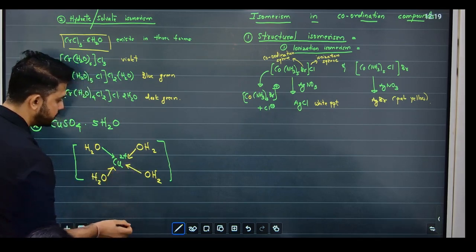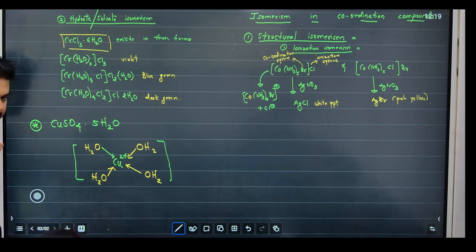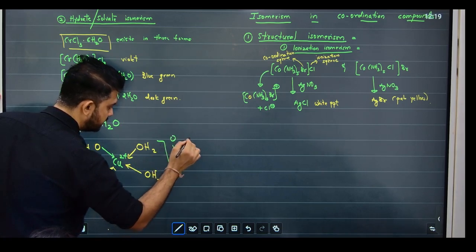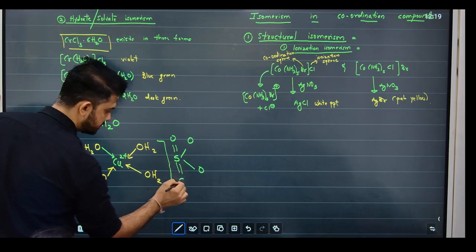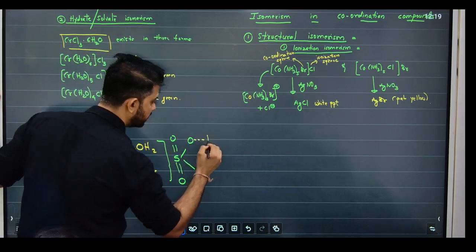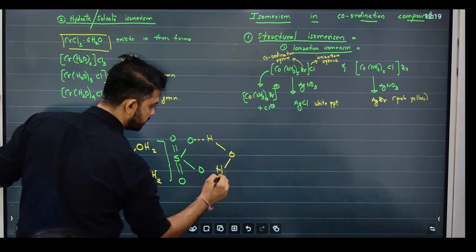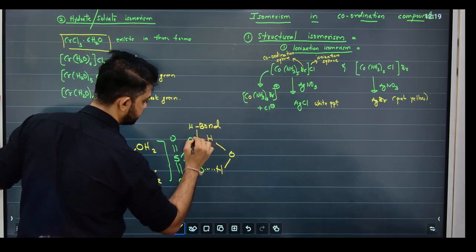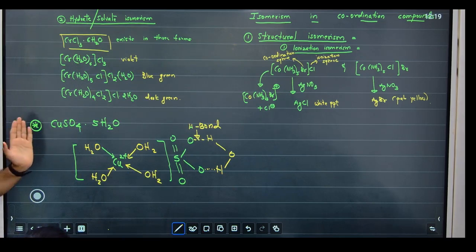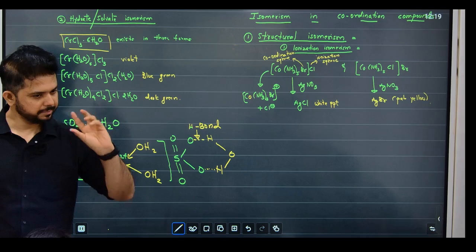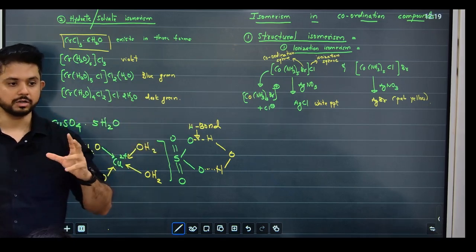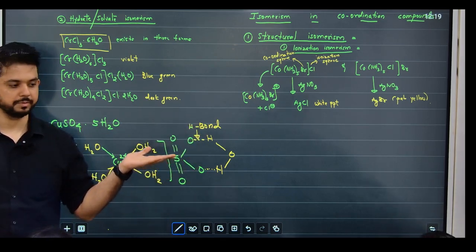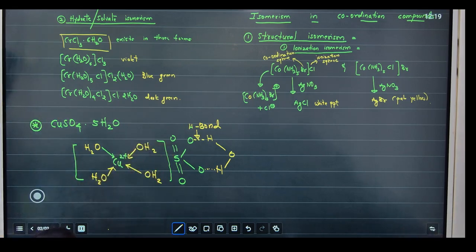So how many H2O are present inside the coordination sphere? 4. One outside, but that one outside has hydrogen bonding. So either the water molecules which are present outside will be trapped in the crystal lattice, or if there's a possibility they might even form hydrogen bond. Did you get that? Jaldi copy this.